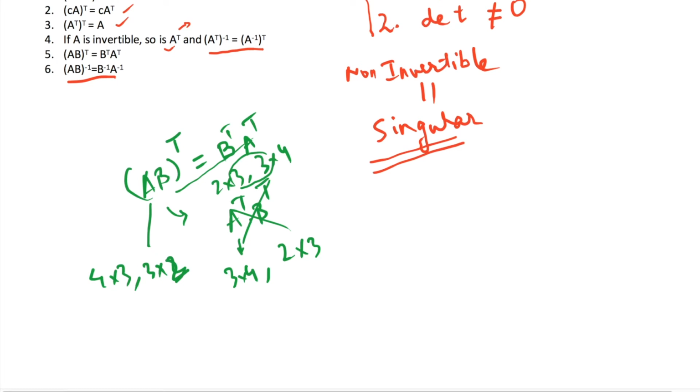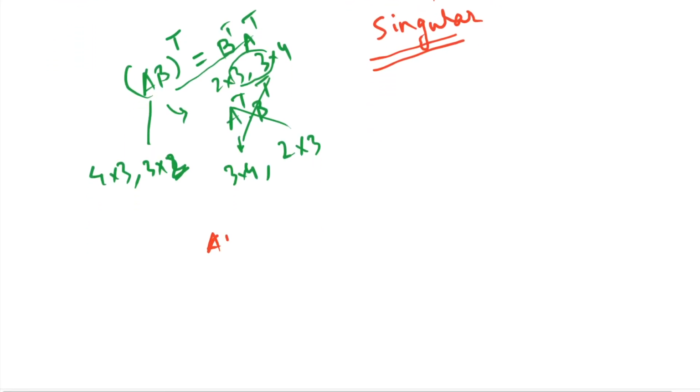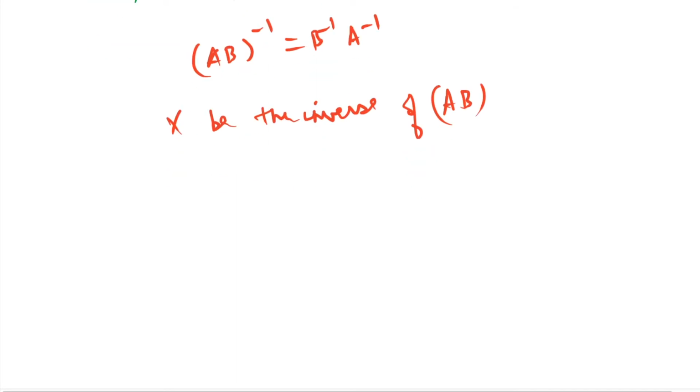The last one is quite similar to the fifth result, except that we are talking about inverses here. So AB inverse is equal to B inverse A inverse. And let me prove it to you. Let's say X is the inverse of AB. So what it essentially means is that ABX will be equal to I and X times AB will be equal to I, right? Now let's say X is equal to B inverse A inverse.